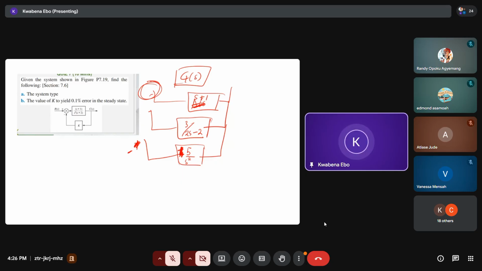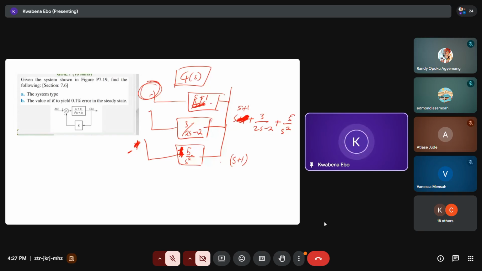So you parallel this, this and this, and then in parallel it's s plus 1 plus 3 over 2s minus 2 plus 5 over s squared. Let me make it easier.